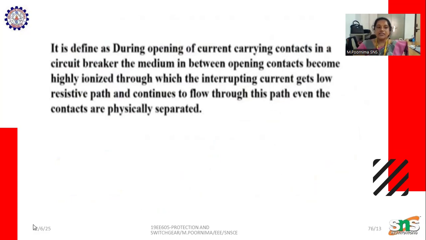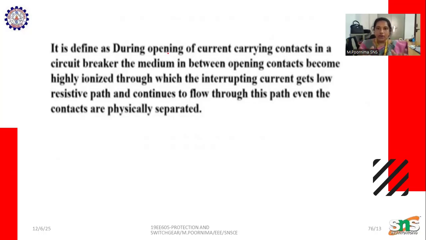Arc is defined as, during operating of current carrying contacts, when two contacts which carry a current in a circuit breaker open, the medium in between the opening contacts becomes highly ionized, through which the interrupted current gets a low resistive path and continues to flow through this path, even though the contacts are physically separated.